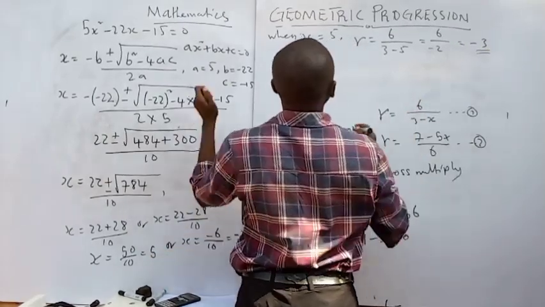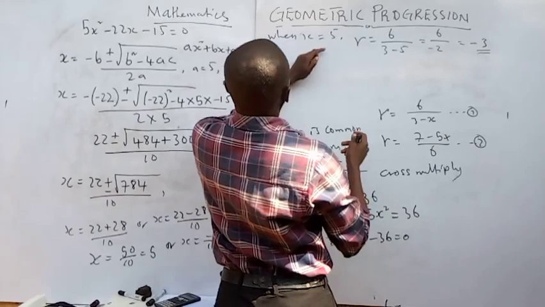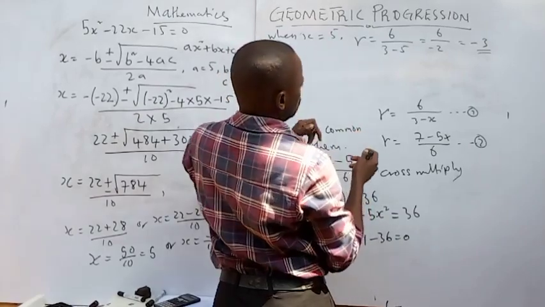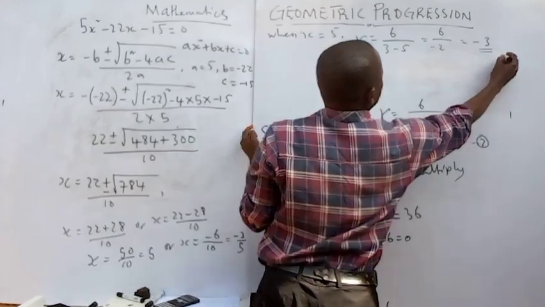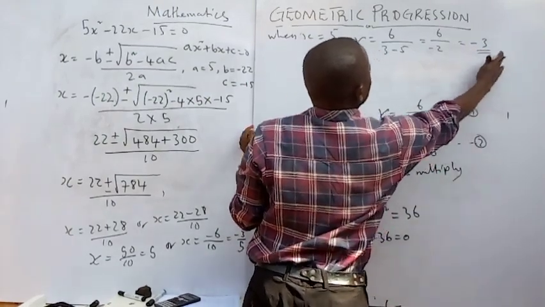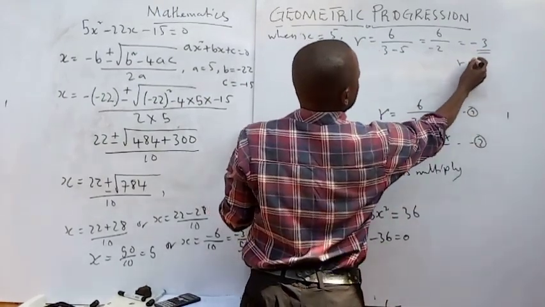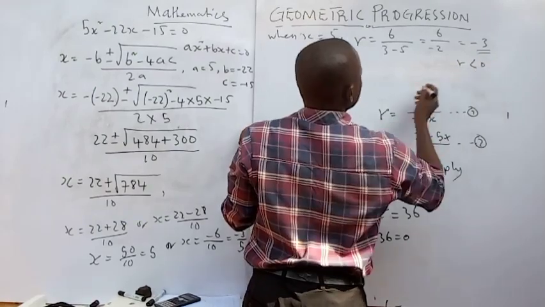This is not the x we are talking about, because this should give us r that is greater than 0. This r now, sorry, this r is less than 0.